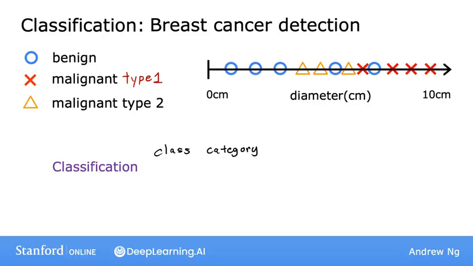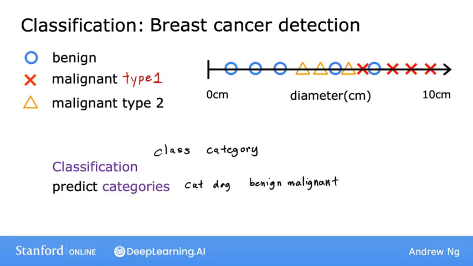So to summarize, classification algorithms predict categories. Categories don't have to be numbers. They could be non-numeric. For example, it can predict whether a picture is that of a cat or a dog. And it can predict if a tumor is benign or malignant.